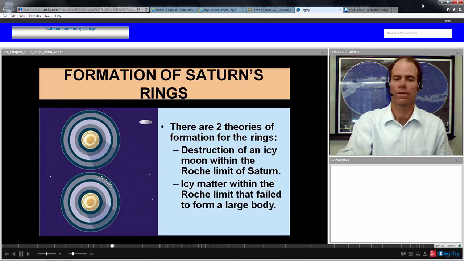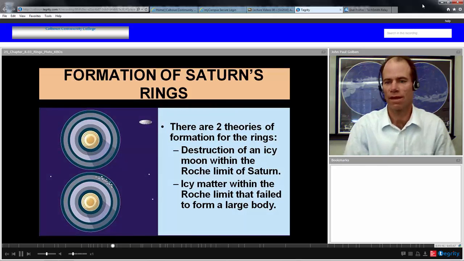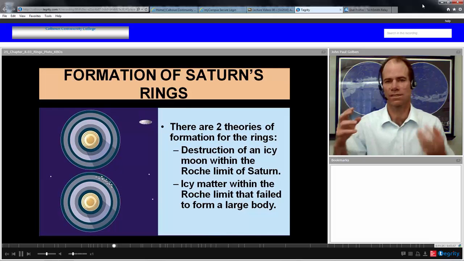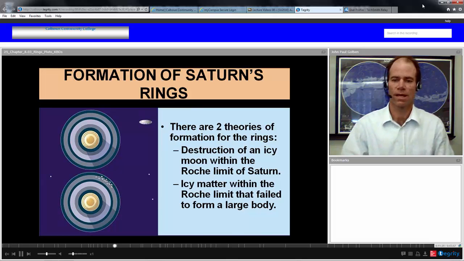Or maybe it was icy matter that formed with Saturn at the same time, but also formed too close to Saturn within the Roche limit, so it never had a chance to coalesce into a moon, and hence it just remained icy particle matter, and formed the ring.